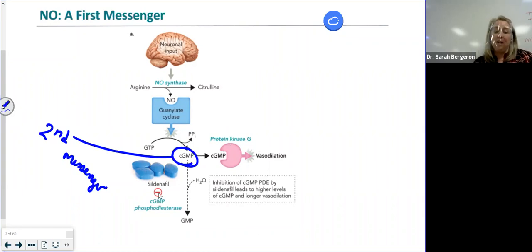There was a drug designed to manipulate this system that prevents this cyclic GMP from getting regenerated to GMP and then to GTP to start all over again. When it's in the cyclic GMP form, it's active and you are causing vasodilation. When it's no longer cyclic, when it becomes linearized, then the signaling stops. So what would happen to the blood vessels? They would contract, they would constrict.